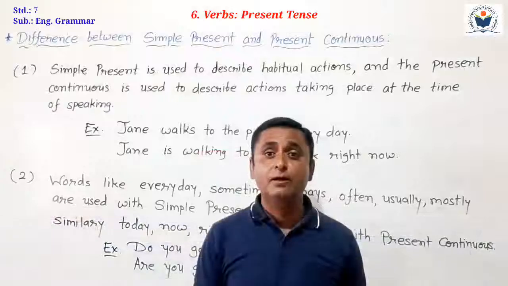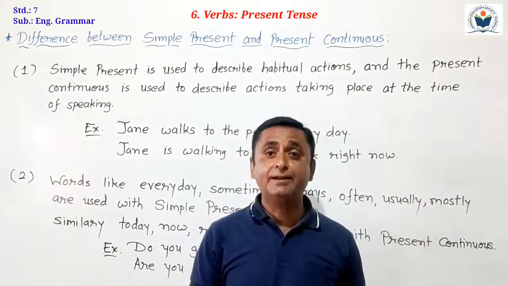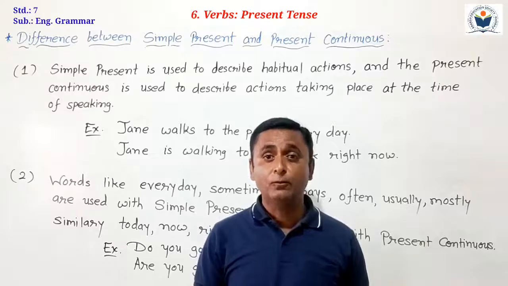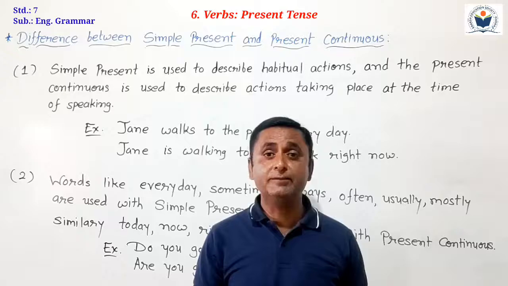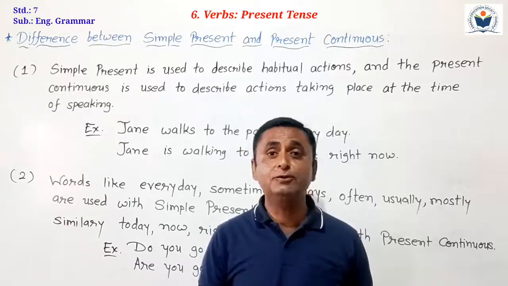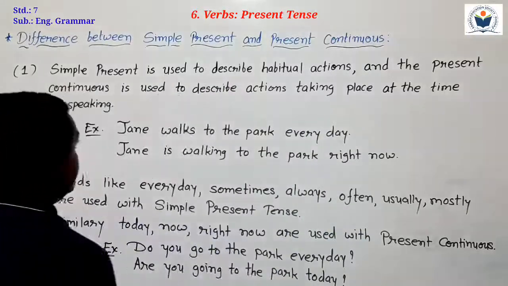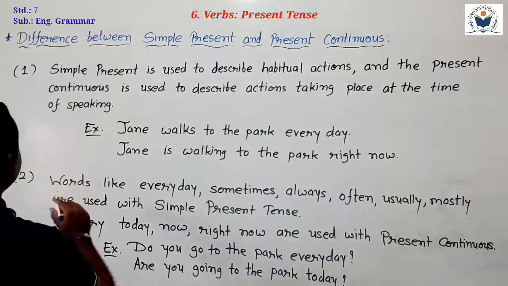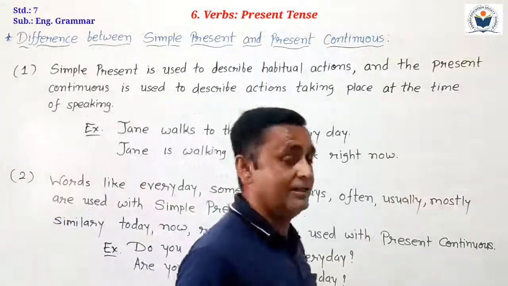Now students, we have to understand what is the difference between simple present tense and present continuous tense. We have to understand where we have to use simple present tense and where we have to use present continuous tense. Both things we have to clarify here. First one is that simple present tense is used to describe habitual action.